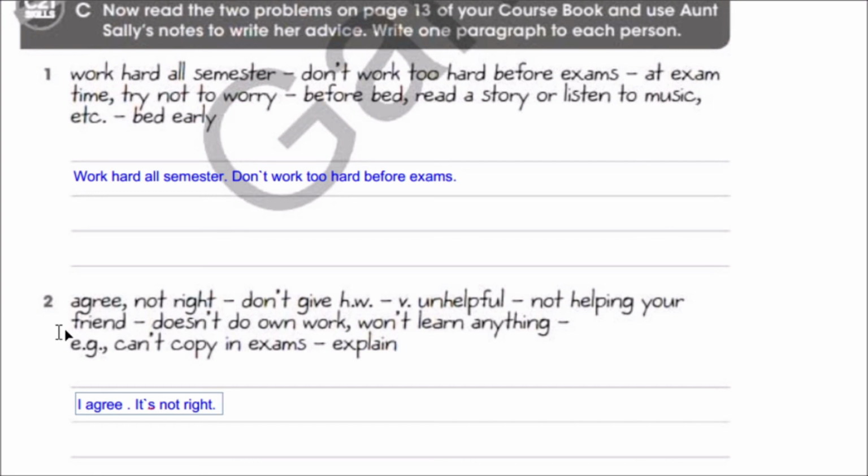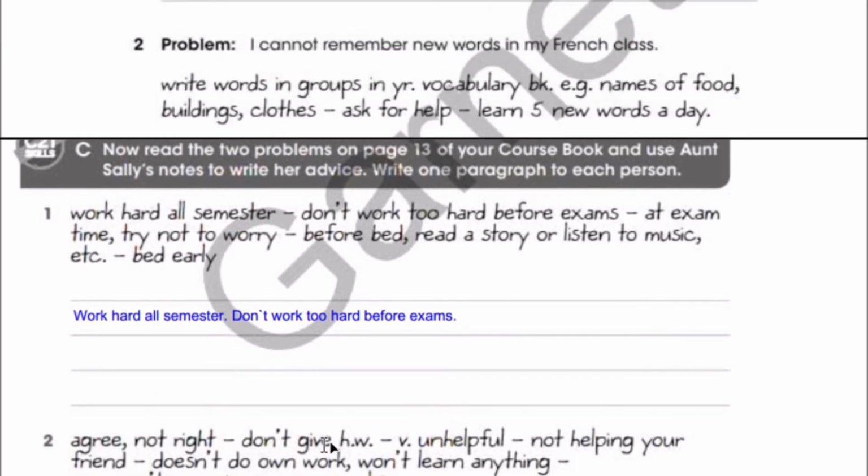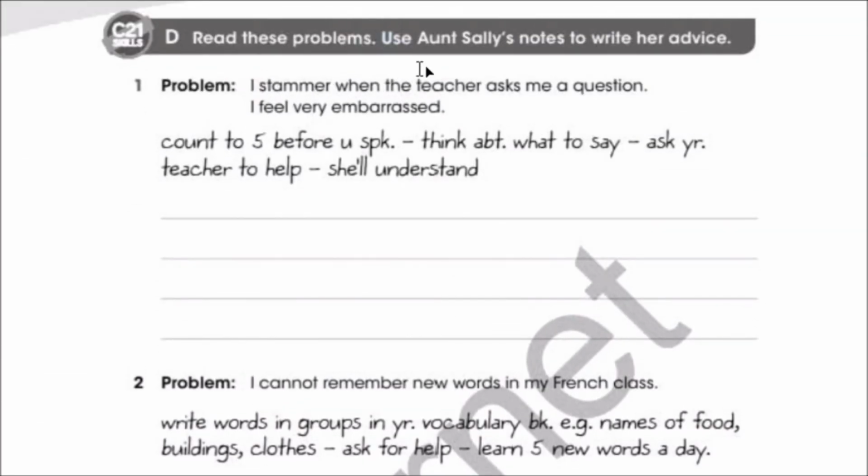Now let's move on to question D. Read these problems. Use Aunt Sally's notes to write her advice. Problem number 1. I stammer when the teacher asks me a question. I feel very embarrassed. The notes say, count to 5 before you speak. Look at this.